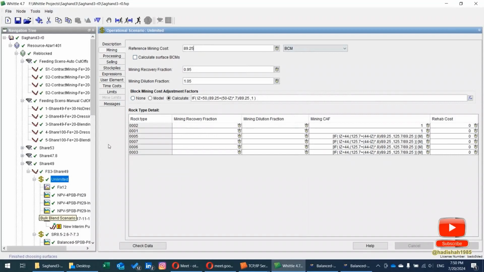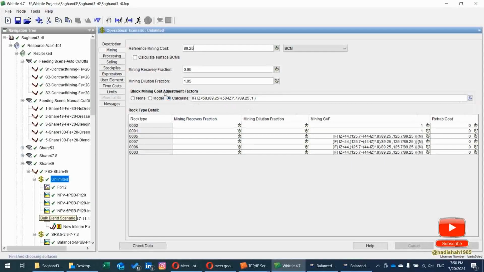For example, for haulage or mine dewatering, we can say that by increasing the depth of the pit every bench, how much the haulage or dewatering cost is predicted to increase, and in the form of a formula we put it here.